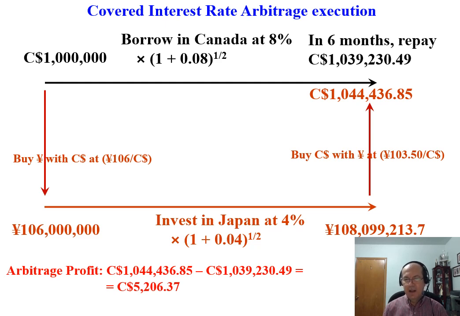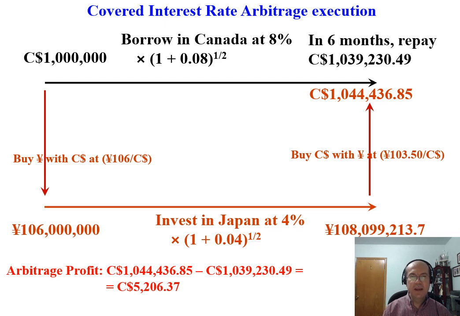As a result, at the forward exchange rate, Canadian dollar will appreciate against Japanese yen. So you can see it's opposite to what is happening at the spot exchange rate. At the spot exchange rate, Japanese yen will be appreciating against Canadian dollar. At the forward exchange rate, Canadian dollar will be appreciating against Japanese yen.